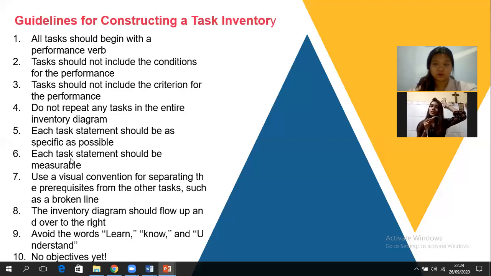In your task inventory, you should avoid those words because it should be specific, not just like students should learn, or the students are able to know or understand. No, it should be more specific. And the last one, no objectives yet. Okay. Next.